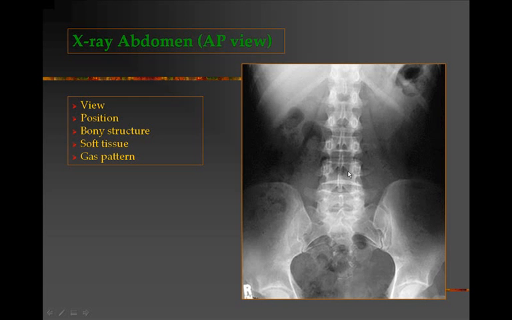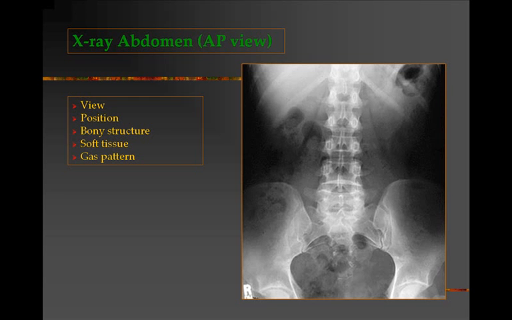It is striking that the soft tissues are not clearly visible. This is due to the fact that most soft tissues have about the same level of radiolucency, and they are difficult to distinguish from one another.